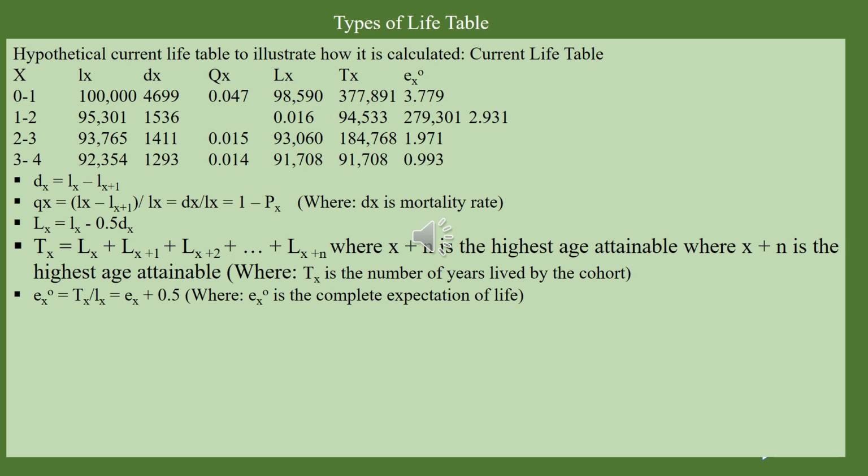The formula is also given. So, for example, column 1, that 377,891 divided by the initial stock, which is 100,000, will give you 3.778.